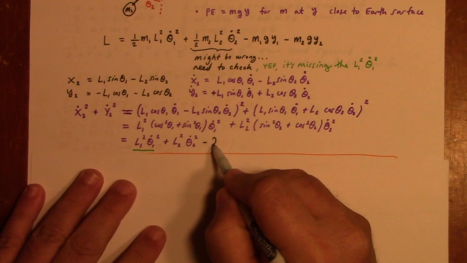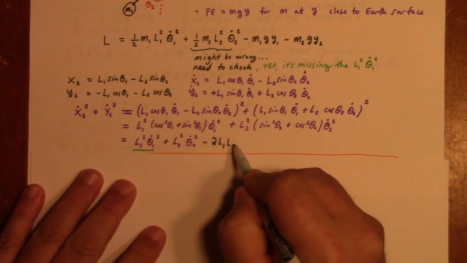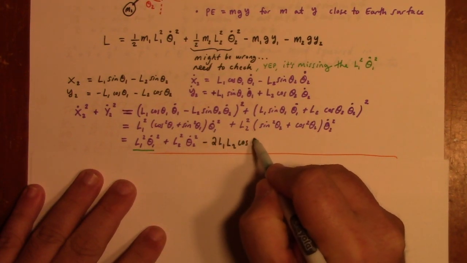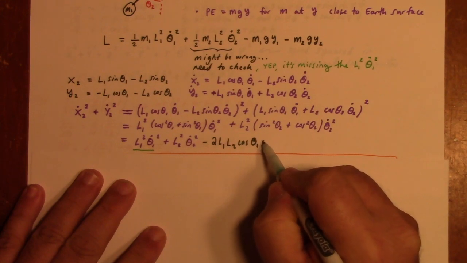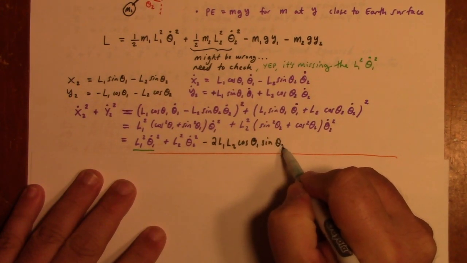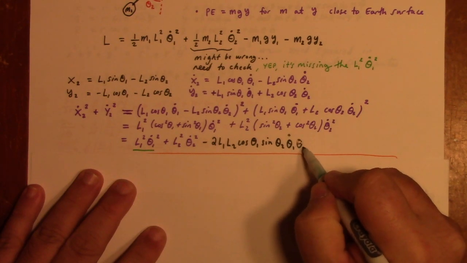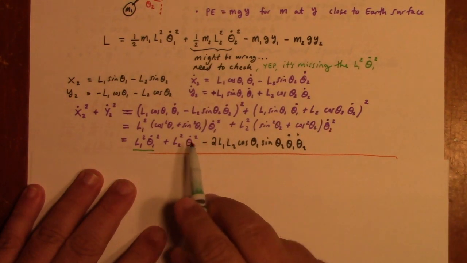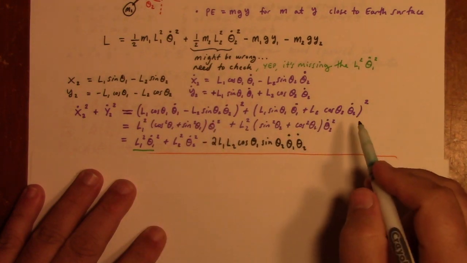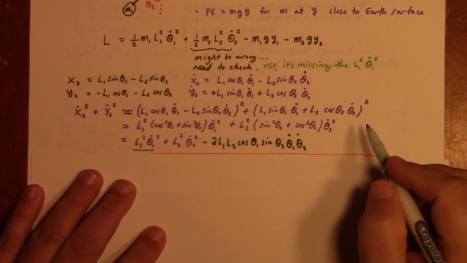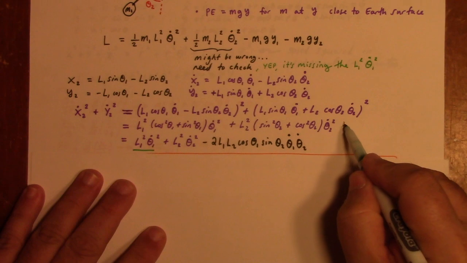So I get a minus 2 L1 L2 cosine theta 1 sine theta 2 theta 1 dot theta 2 dot from this one, right? We'll fix it on the fly here. And I'll say plus more.